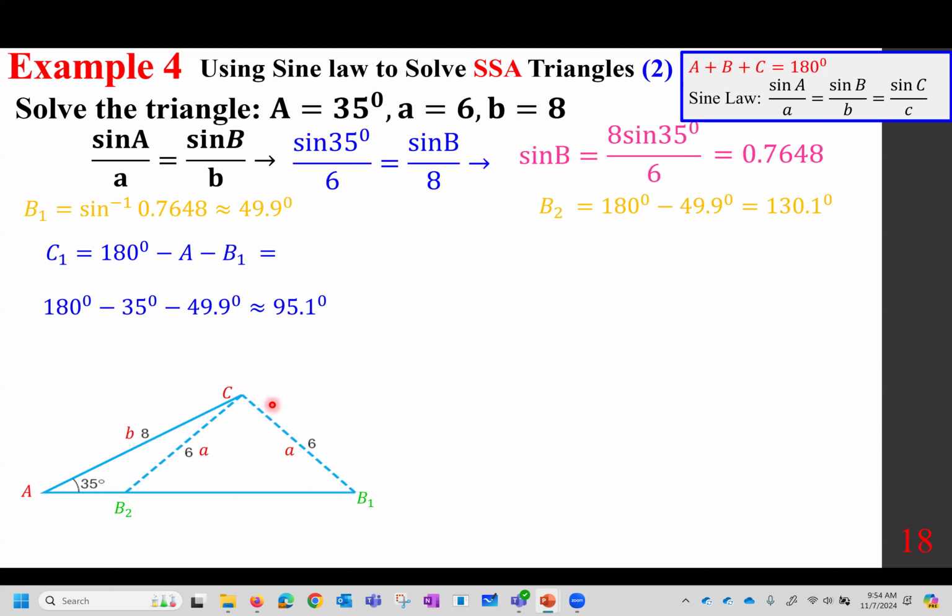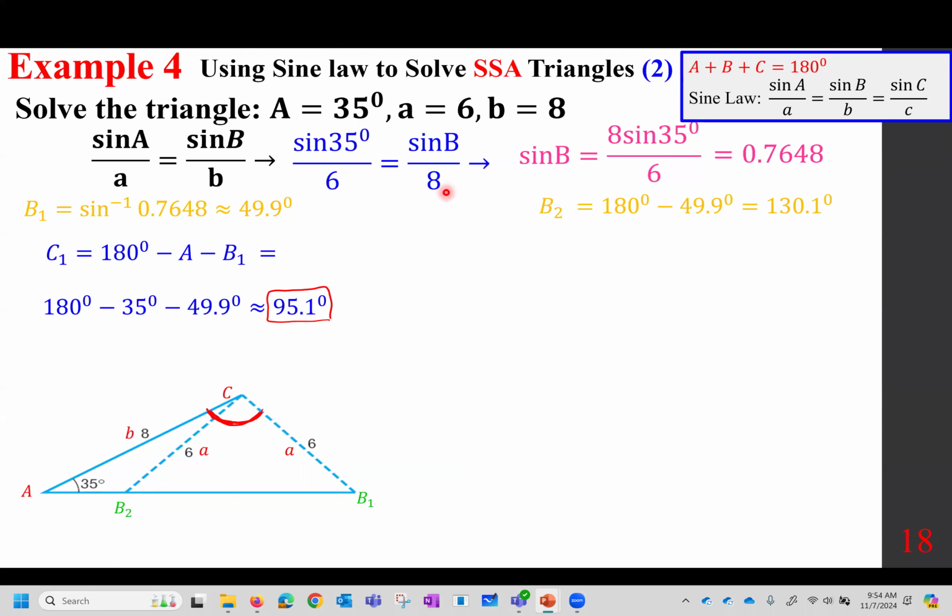This one, entire C. Okay, everybody. This is this. All right, and now we're going to use the same thing, sine 35 over 6.